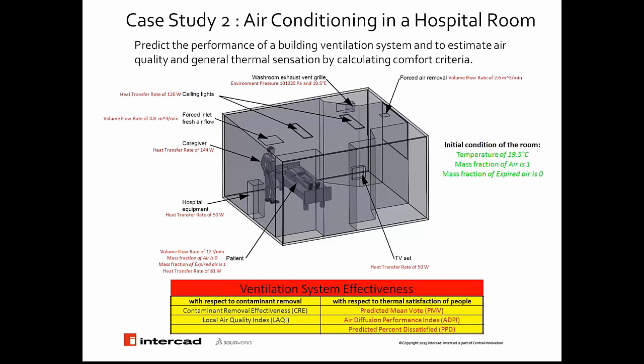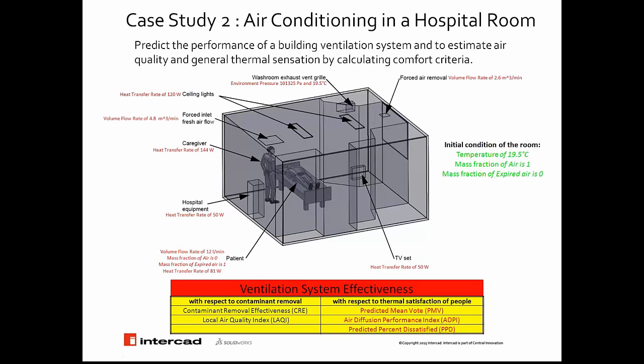The overhead ventilation system contains an overhead ceiling supply diffuser, where we have this entry as the location you can see, and we have the ceiling and the washroom exhaust, so two outlets: forced air removal here, and the washroom exhaust vent grill.